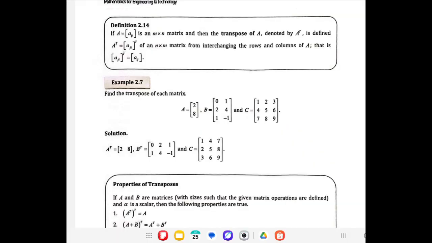Let's look at the transpose of a matrix. What does it mean by transpose of a matrix? So basically, it is denoted as A to the power of T, small t here denoting transpose. So when you transpose a matrix, we are actually switching between its row and column. So if you look at B here, later on if you want to write B transpose, just switch between the row and column.